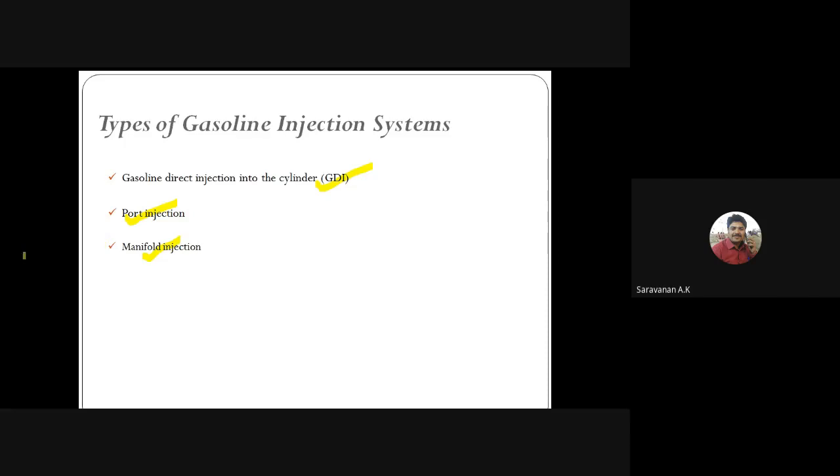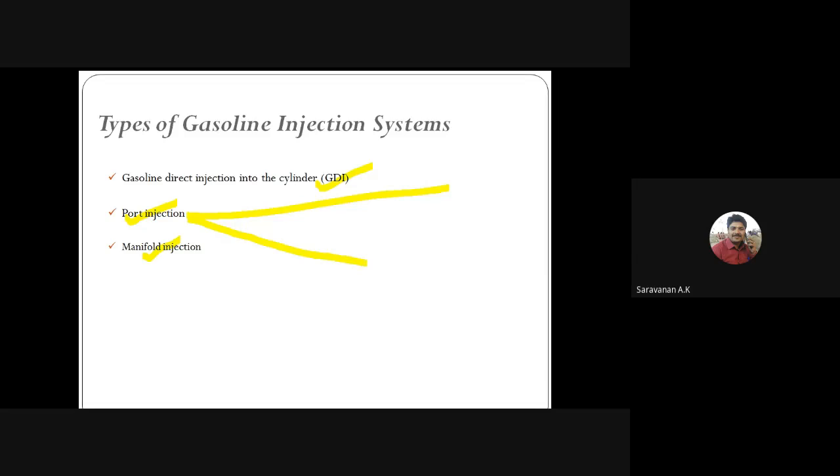In the port injection, we have two types of injection. One is the timed port injection, and the second one is the continuous port injection.